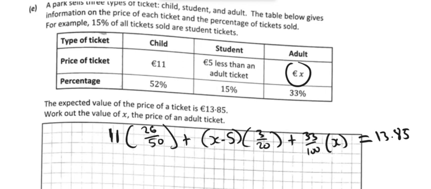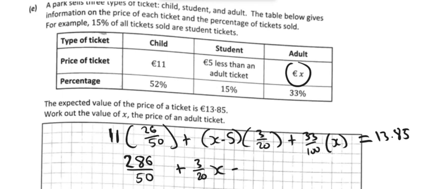Right, so we just have to multiply out then. So we get 286 over 50, 11 times 26. So plus, and then it's 3 over 20x minus 15 over 20.